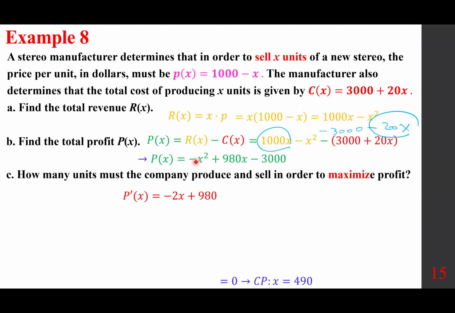Set it equal to 0. Critical point becomes 980 divided by 2 or 490. Is this going to maximize or minimize? We don't know yet. We have to do the first or the second derivative test. And the second derivative test is easier because it's just a constant, negative 2.